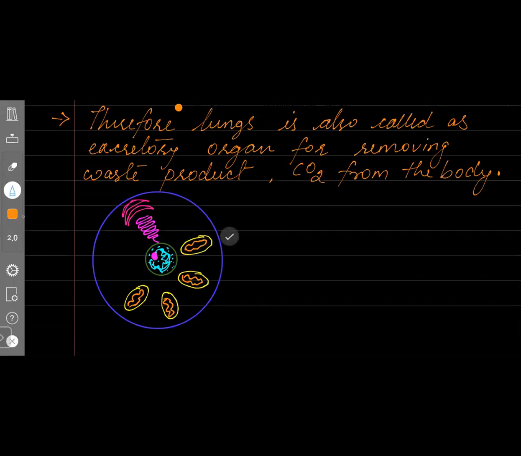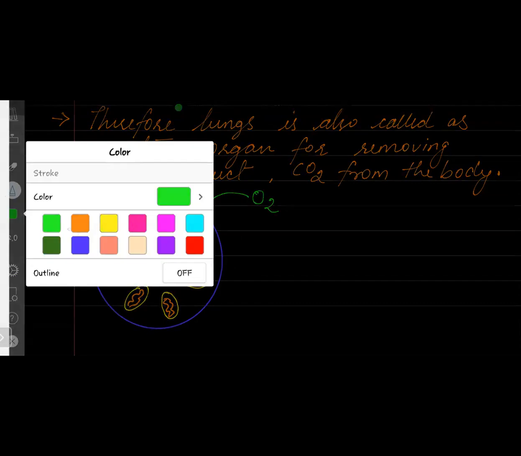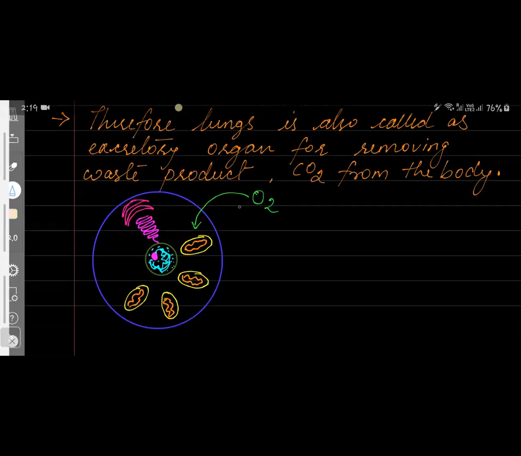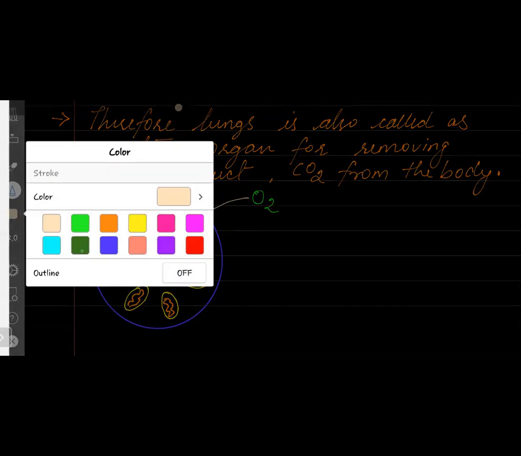Whenever you take oxygen, O2, this oxygen will get into the cells, and oxygen will come inside this and they will produce ATP.